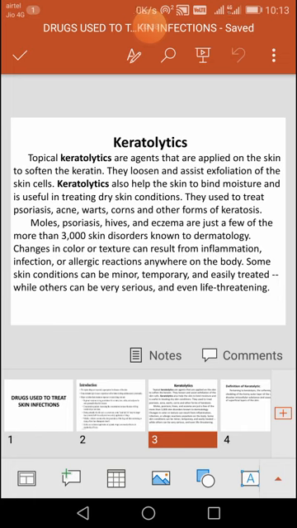Moles and psoriasis, hives and eczema are just a few of more than 3,000 skin disorders known to dermatology. Changes in color, texture can result from inflammation, infection or allergic reactions anywhere on the body. Some skin conditions can be minor, temporary and easily treated, while others can be very serious and even life-threatening.